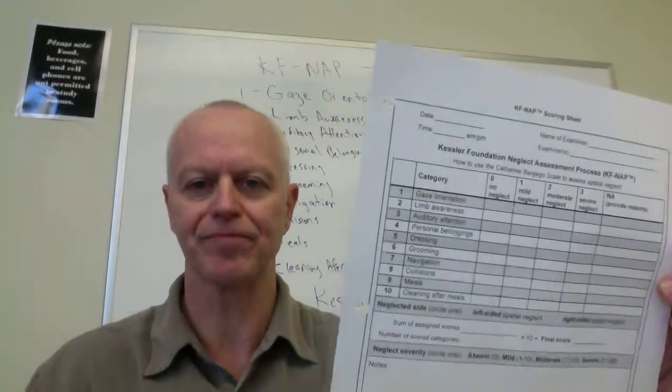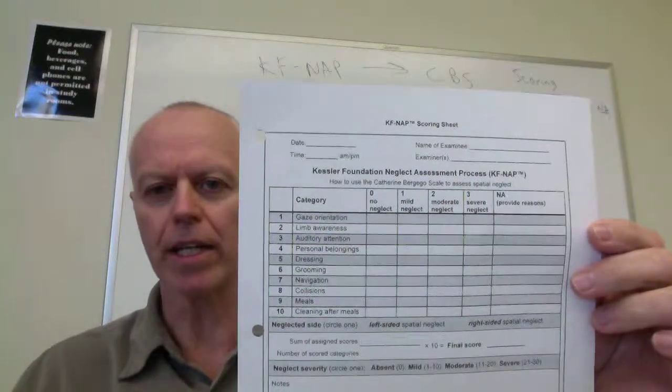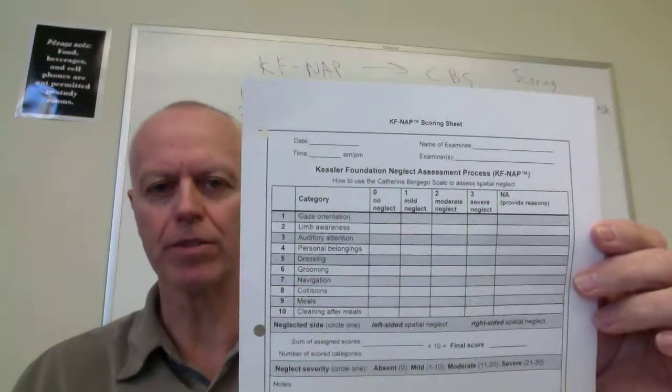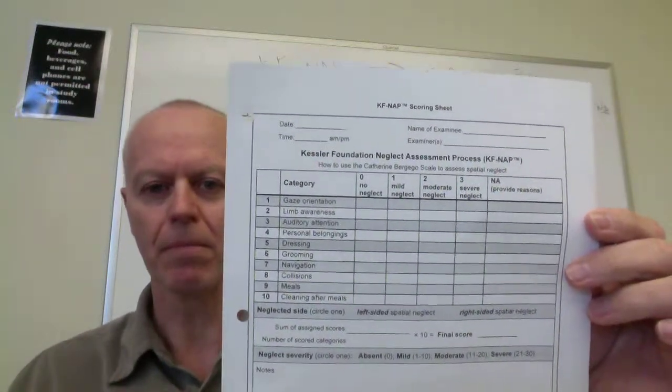So you can see there are 10 items: gaze orientation, limb awareness, auditory attention, personal belongings, dressing, grooming, navigation, collisions, and meals, and then cleaning after meals. And you can see that it has a 3-point rating scale, 0 being no neglect, 1 mild, 2 moderate, and then 3 severe.